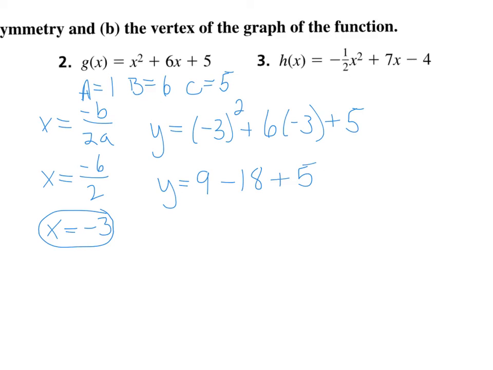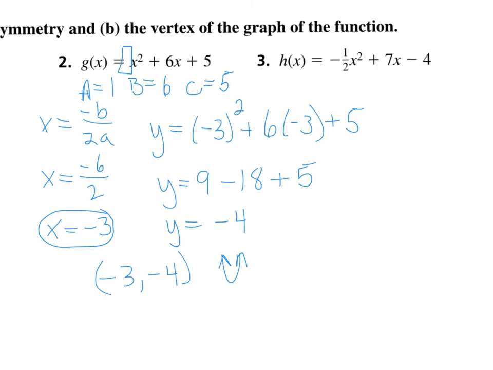And then finally we have the plus 5. 9 minus 18 is negative 9. Negative 9 plus 5 is negative 4. So the vertex is going to be negative 3, comma negative 4. And because we know that a was positive 1, we know it's going to be a smiley face.